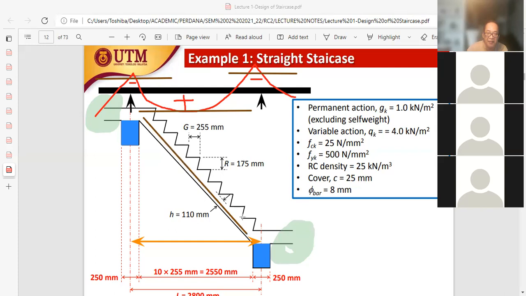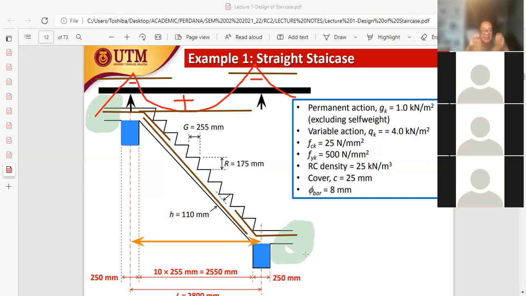At the support on the right we would need top reinforcement, as if like this, but not like this, we will look at it later. And over here we would need top reinforcement at the support. So top reinforcement over support on the right hand side, and bottom reinforcement between A and B, or between these two supports.